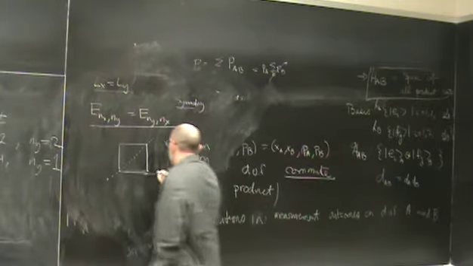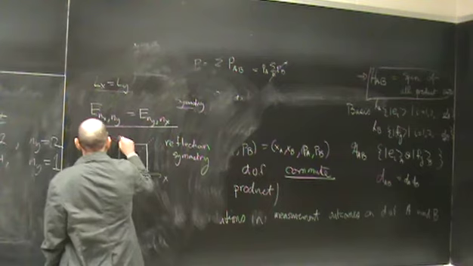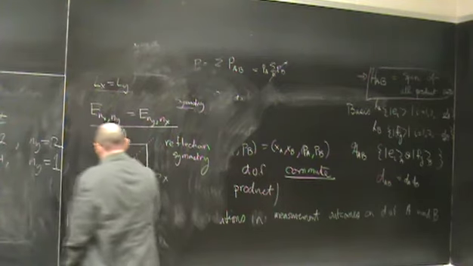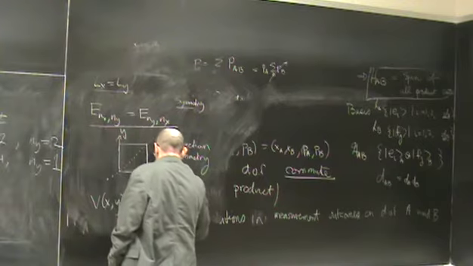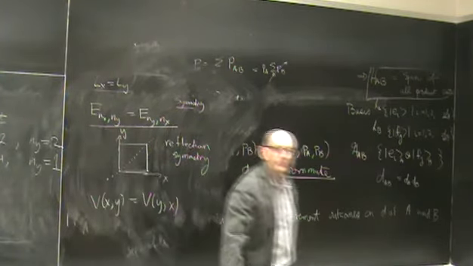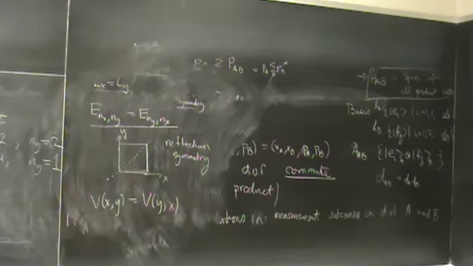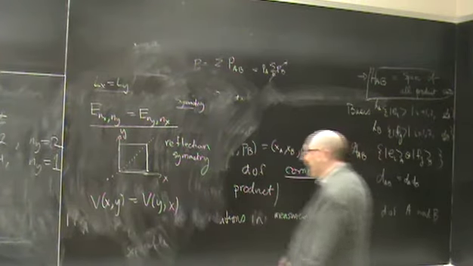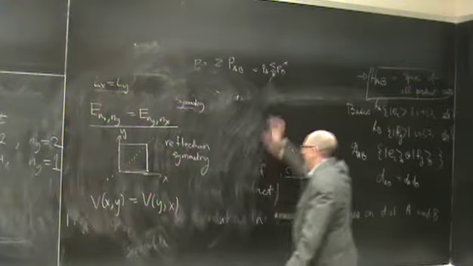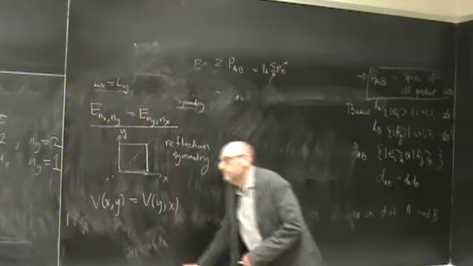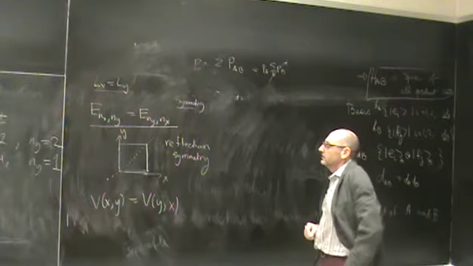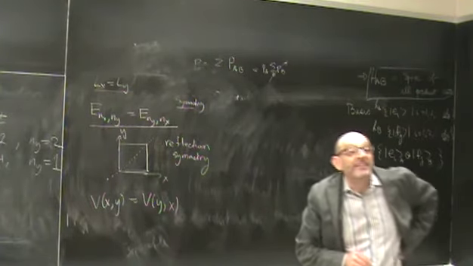That is to say that V of x,y is equal to V of y,x. That is to say, if I flip these coordinates, the Hamiltonian is the same.